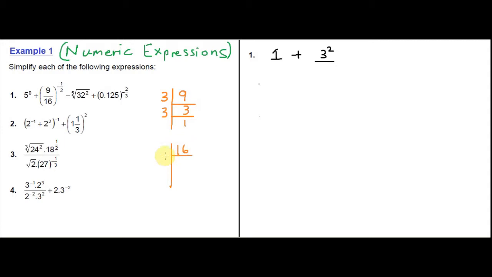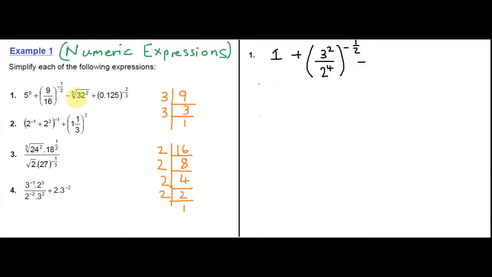The smallest number into 16 is 2, twice. It goes 8 times. The smallest number into 8 is 2. It goes 4 times. Then 2 into 4 twice. And 2 into 2 once. So we can see that 16 can be written as 2 to the power 4. And this is to the power negative a half.